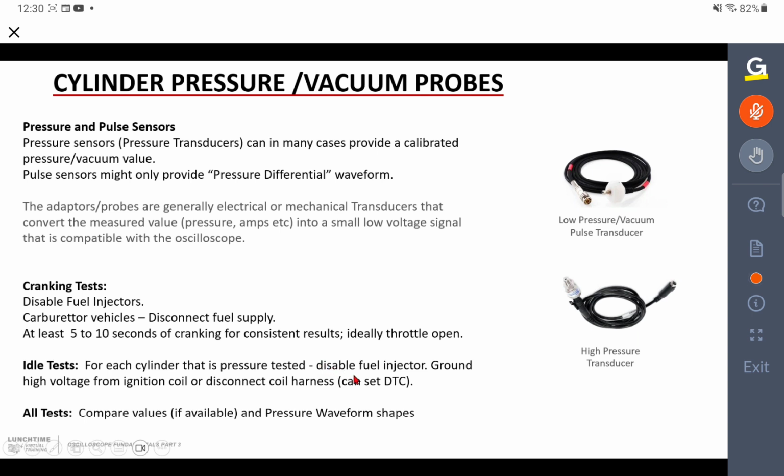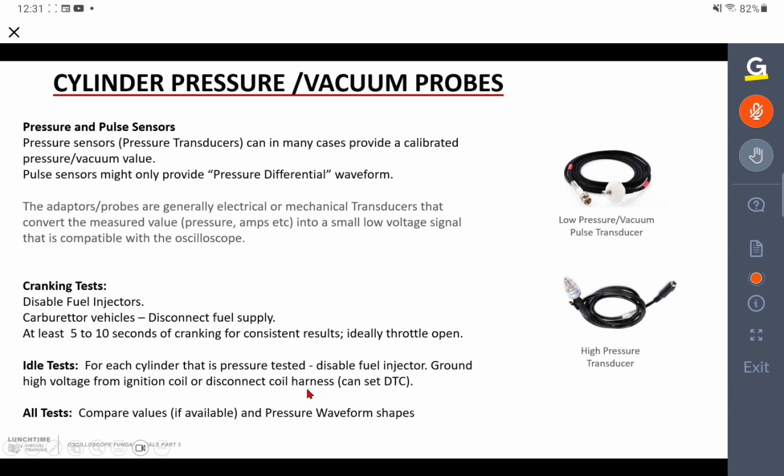Again, the last thing we want to do is fill the cylinder with fuel. And because we've taken the spark plug out, our coil is now disconnected. If it's a coil on plug system especially, we need to ground the high voltage output from the ignition coil, or disconnect the harness that's switching the coil on and off, because we don't want to burn out the coil.